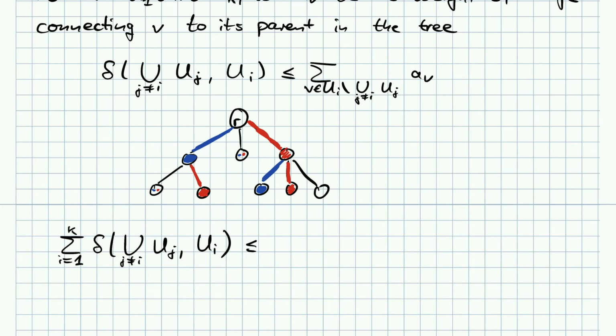We can bound this by taking the sum of these edges, where, as I was saying, we're counting an edge only if its lower endpoint is only in one of the sets.